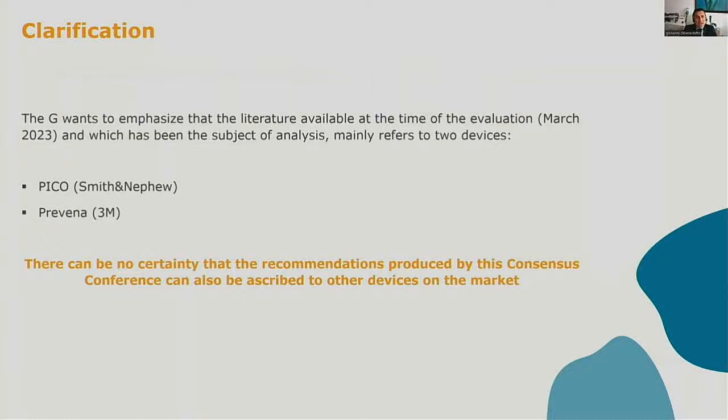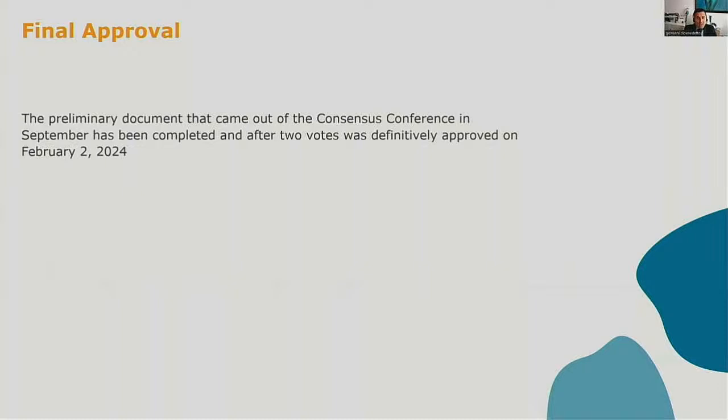So there can be no certainty that the recommendations produced by this consensus conference can also be ascribed to other devices on the market. The final approval of the document happened in September, and after 2 votes was definitively approved on February 2nd, 2024.